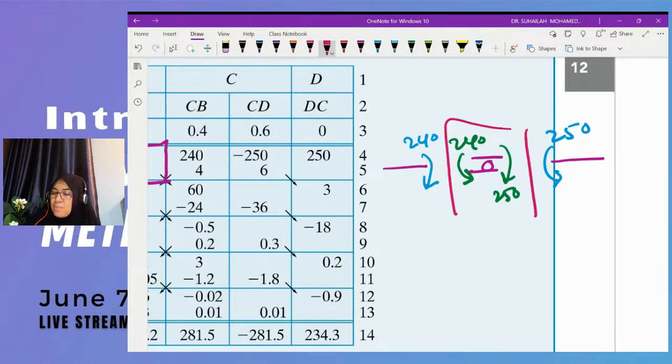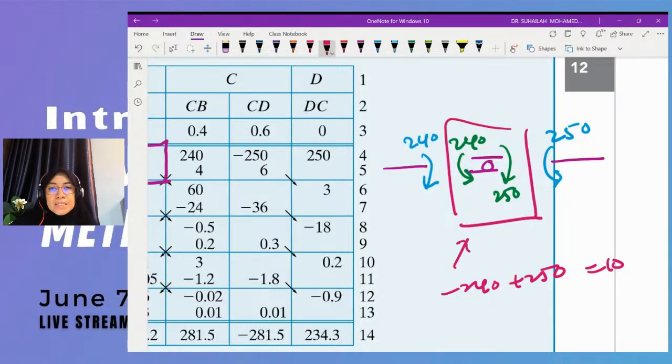So total, negative 240 plus 250 is 10. So the joint moment is 10. That is why when multiplied by 0.4 and by 0.6, we get 4 and 6 positive. Another check that can be made is that these 4 values must equal 0.